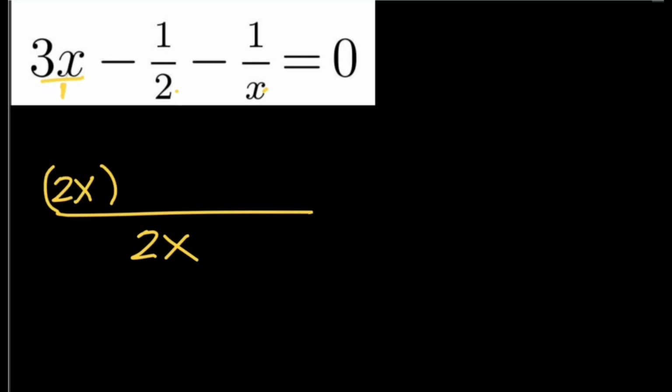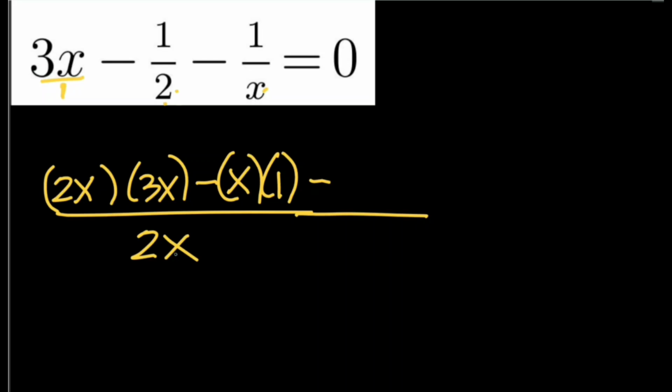And times the numerator, which is 3x, minus 2x divided by 2 is x, times the numerator, which is 1, minus 2x divided by x is just 2, times 1 equals 0.